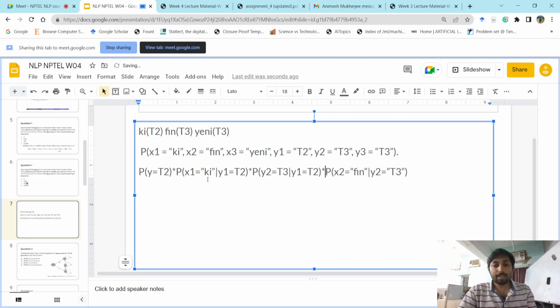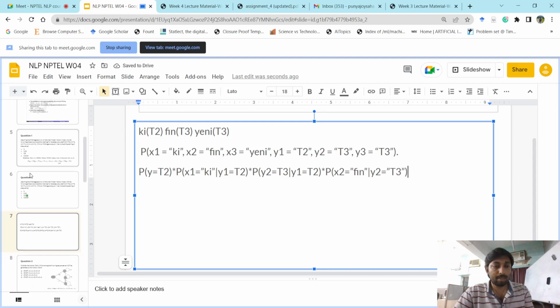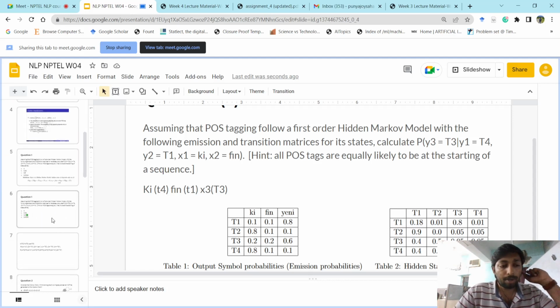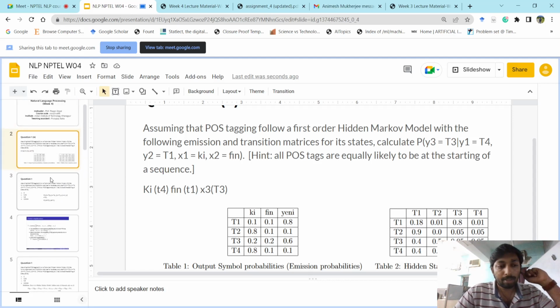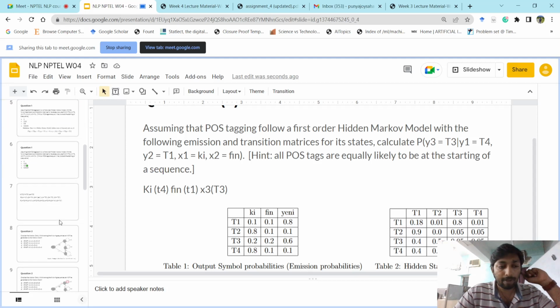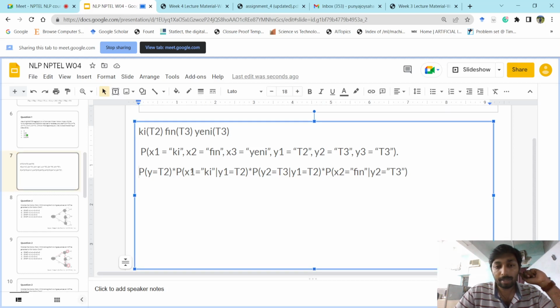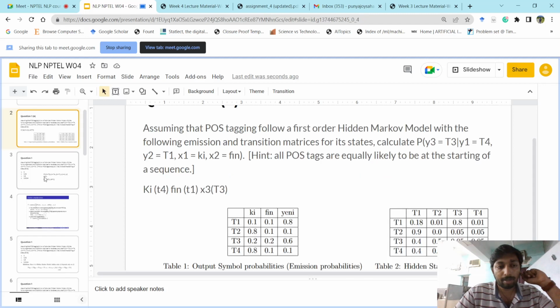Once others understand how we did this, you can just put in the values based on the transition table and output symbol probabilities. That is not much of an issue. The only thing to take care of is that you do not miss the values, because that will give wrong answers. The better solution is to write the entire formula and then replace each value, because the values are very similar and it is easy to make careless mistakes.